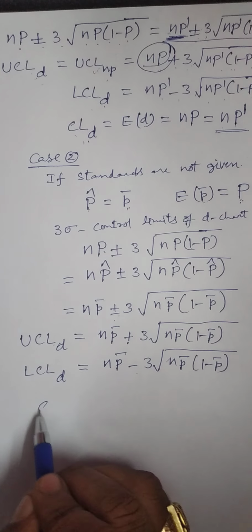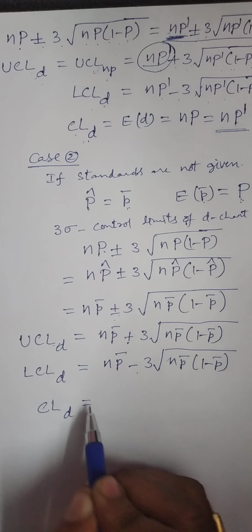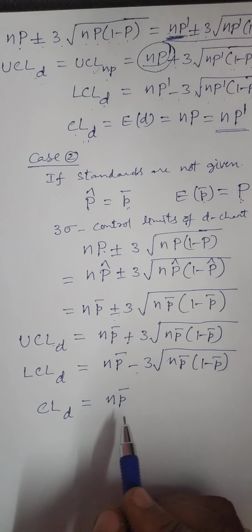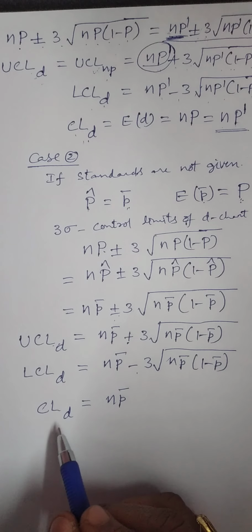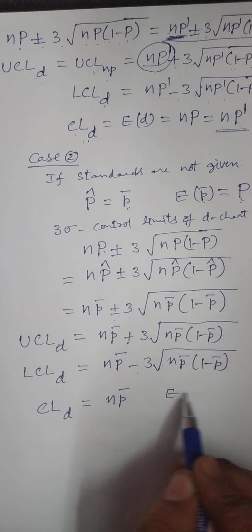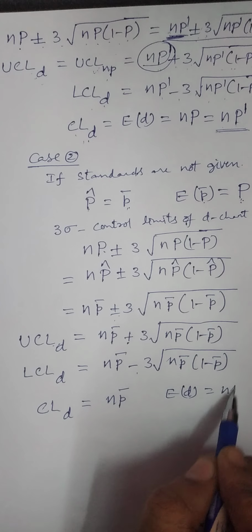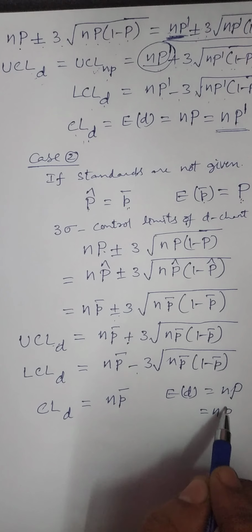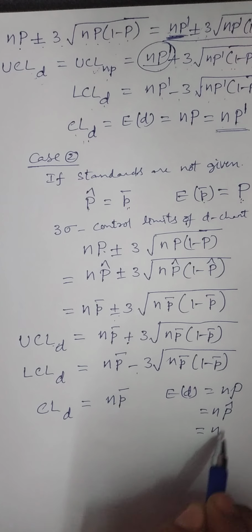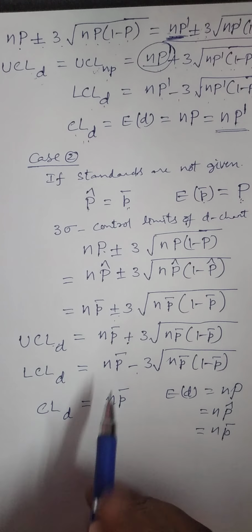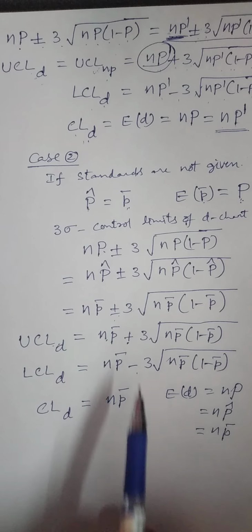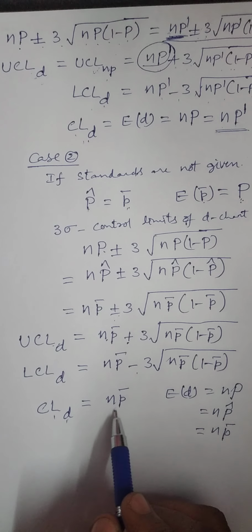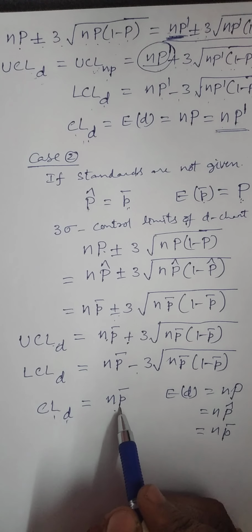Now, central line: CL of D, I am writing directly NP bar. Expectation of D is equal to NP, capital P, and it is going to be estimated by capital P cron. Now it is NP bar. This is the procedure. Therefore CL of D is equal to NP bar.